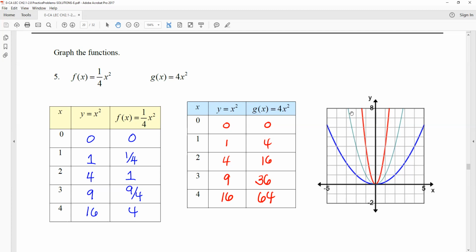Vertically, it's not as steep as it used to be. Horizontally, it's stretched more than it used to be. Okay, now this one, we got a whole number times it. Vertically, it's going to make it taller. Horizontally, it's going to make it narrower or shrink it.